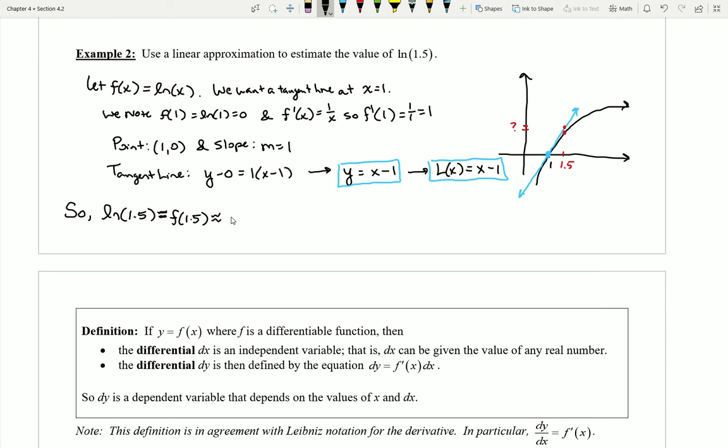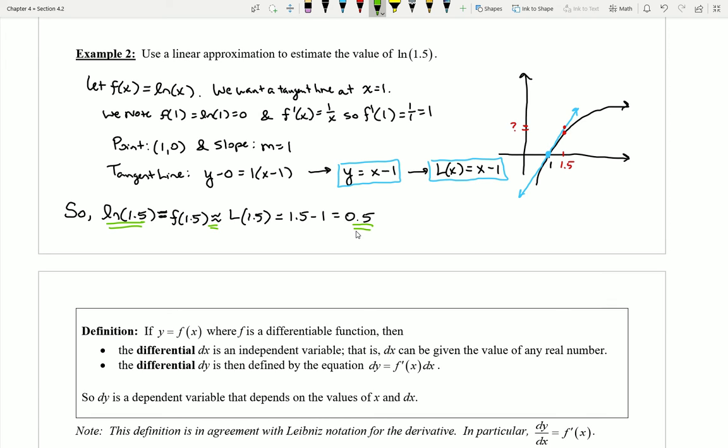And what I notice is that's roughly the same as going to my tangent line and plugging in 1.5. But going to my tangent line and plugging in 1.5 is super easy. I don't need a calculator for this at all. I can just go ahead and say 1.5 minus 1 is equal to 0.5. So I would guess that the value of the natural log of 1.5 is actually just 0.5. Again, this value here is roughly the same as 0.5.